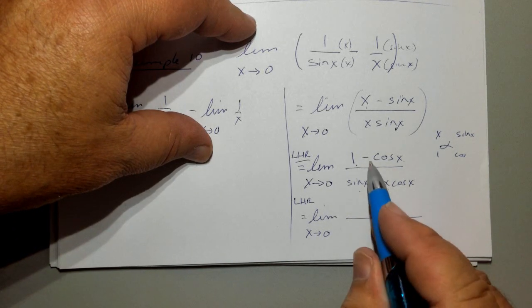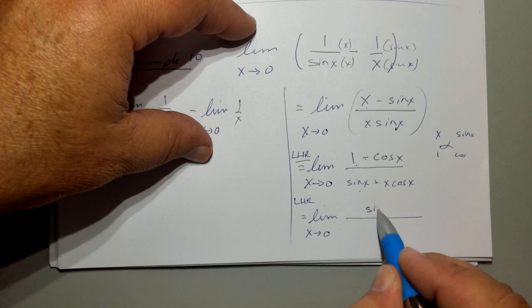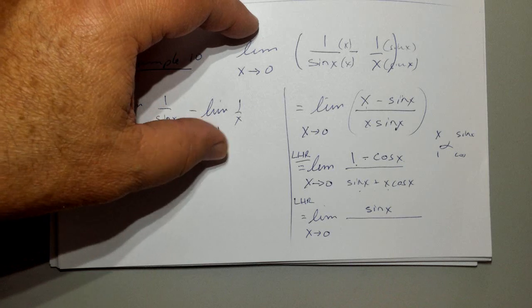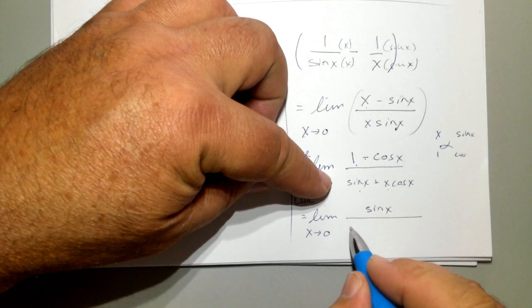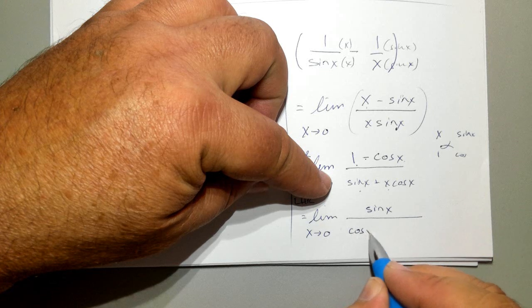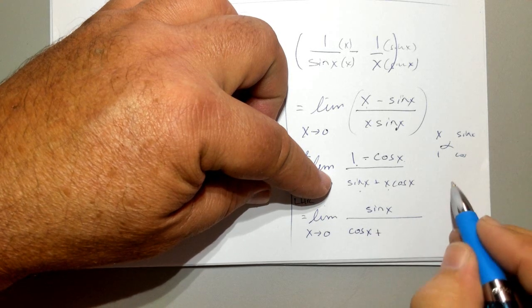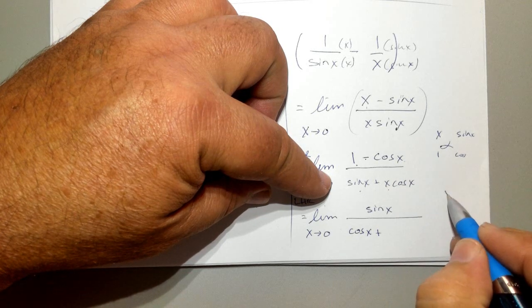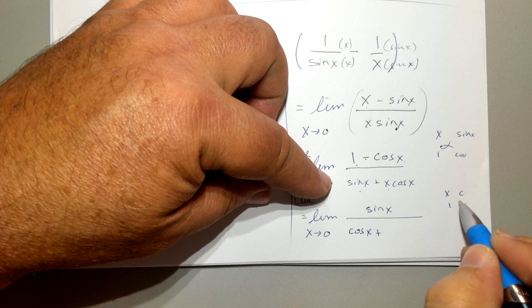That's 0. Derivative of cosine is negative sine, so that's a positive sine. Derivative of sine x is cosine. X cosine, which is 1 negative sine.